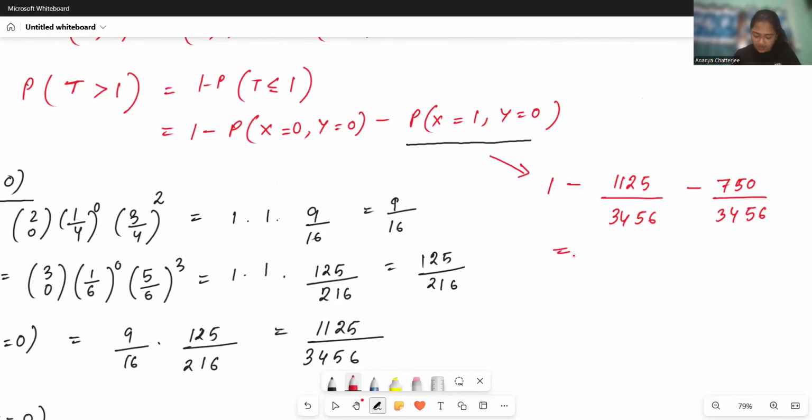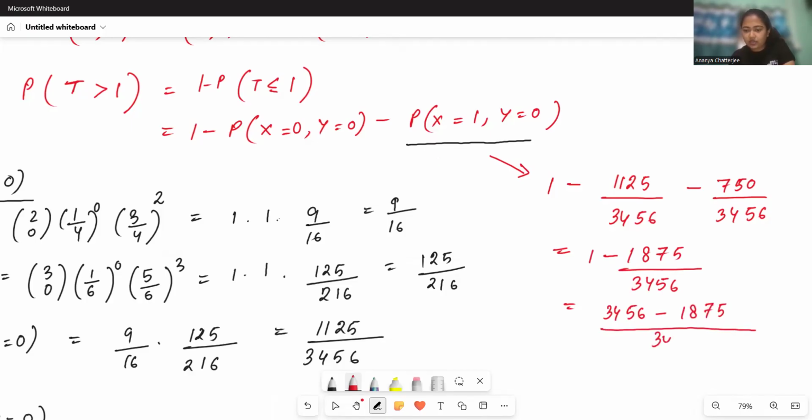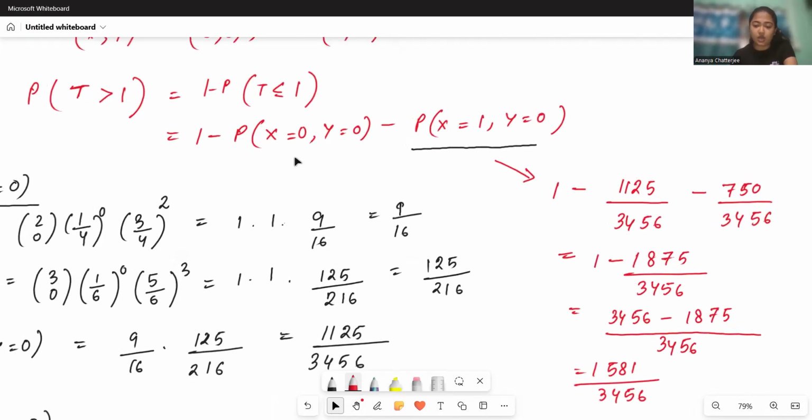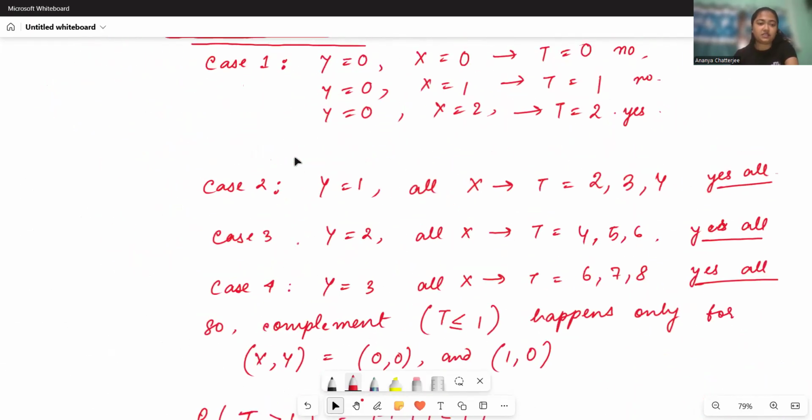Now, what is the value of this? That is 1 minus 1875 by 3456, which is 3456 minus 1875 by 3456. The value of this is 1581 by 3456.